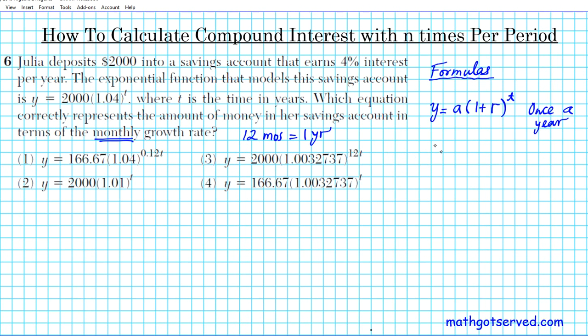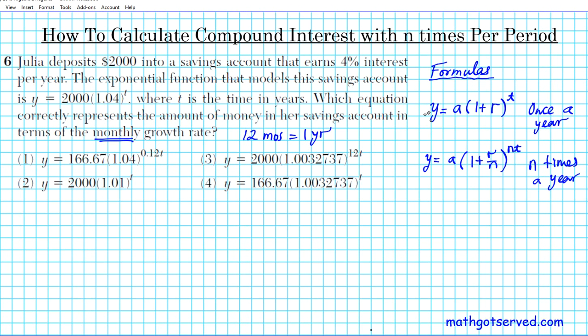So in that situation, we're going to be using the formula y equals a times 1 plus the interest rate over n, raised to the nt. This is for a situation where it's compounded n times a year.